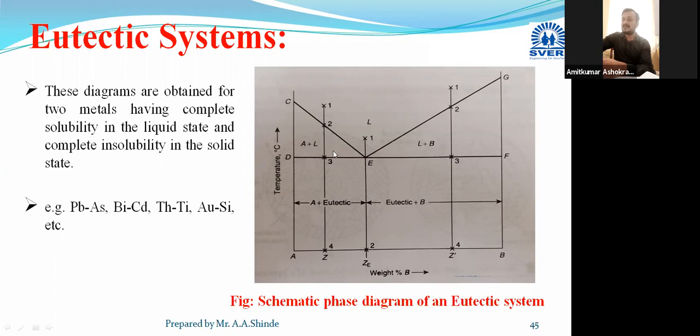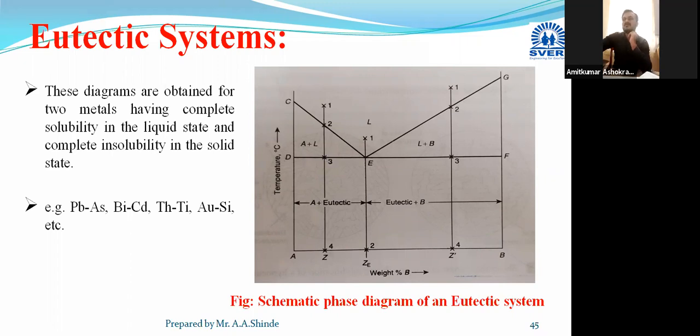In this region 2 to 3, the microstructure consists of solid A and the remaining portion will be liquid. Then when the temperature reaches point 3, whichever liquid is there will be transformed by eutectic transformation at point 3. Already we have seen this concept.